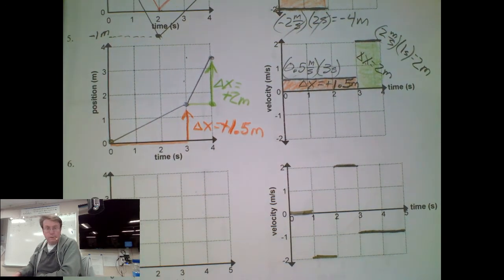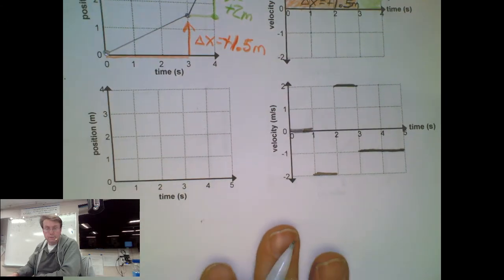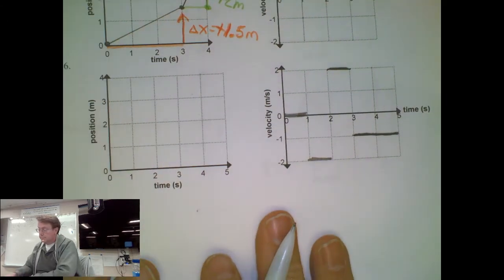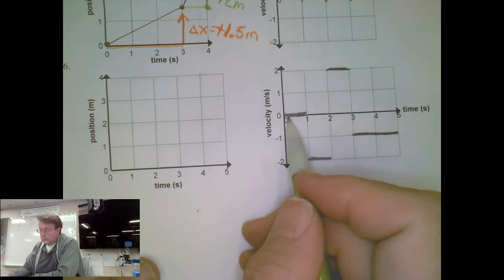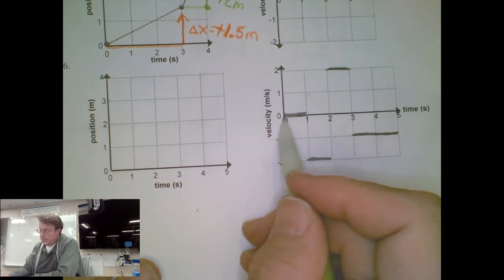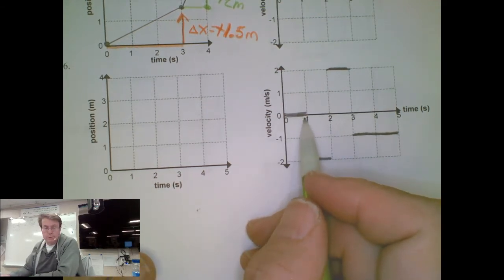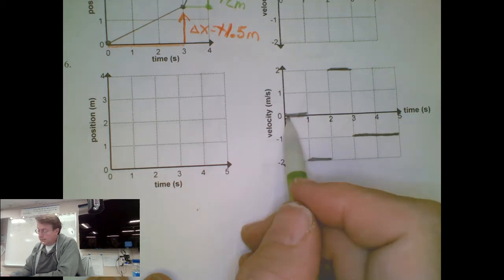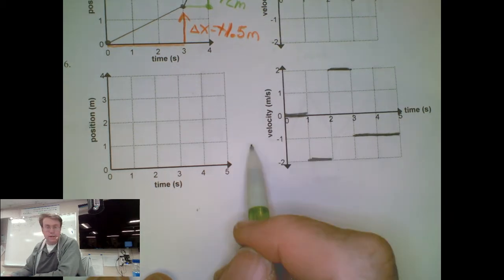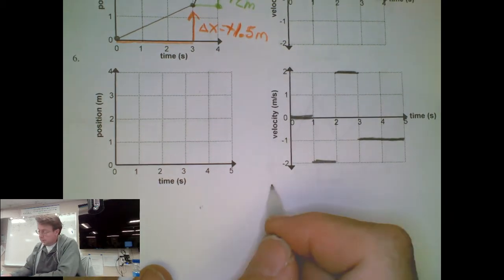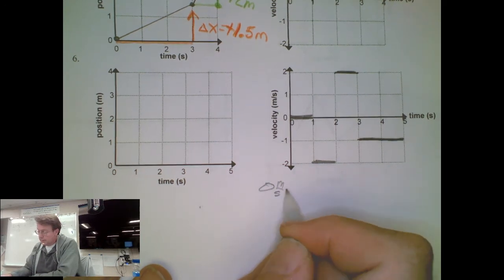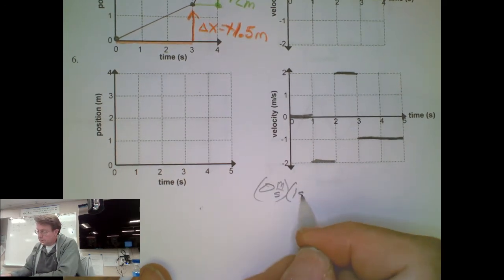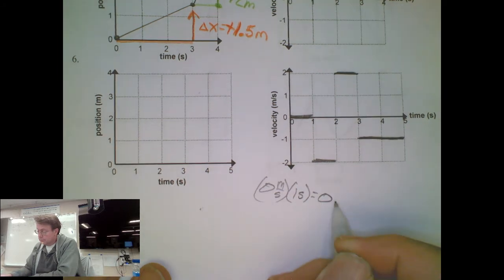All right, the last one here. There's a lot of different areas. So for this first part, the area is 0. This has no displacement. The area between the plot and the x-axis has 0 height. So it's 0 meters per second times 1 second, which is just 0.